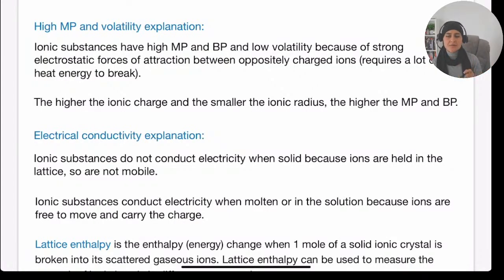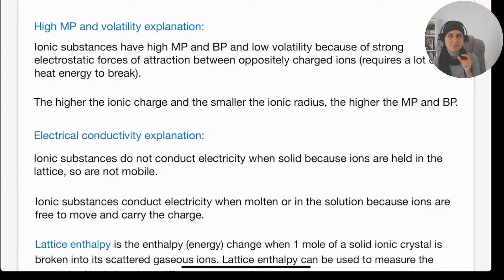Now again, the mark scheme explanation for electrical conductivity. Ionic substances do not conduct electricity when solid because ions are held in the lattice. And you should not use any other word for the word lattice. It is a lattice. It's a giant ionic lattice.